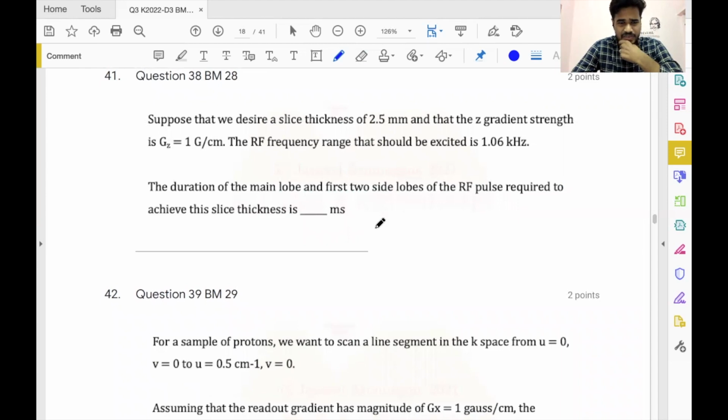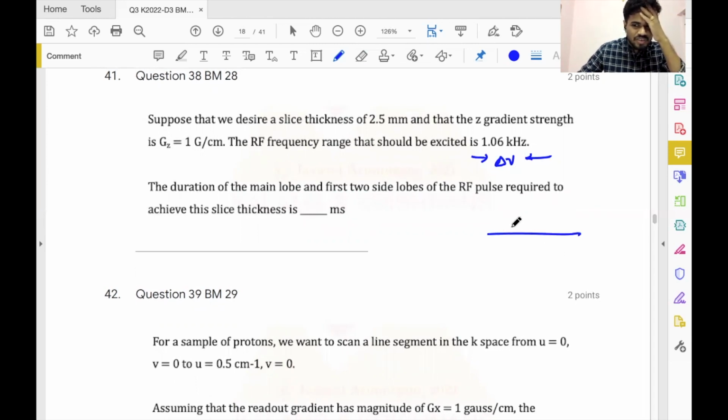Suppose that we want a slice thickness of this, or a frequency range that should be excited. So delta nu is given. What is the duration of the main lobe and first 2 side lobes of the RF pulse required to achieve this? We spoke about this.